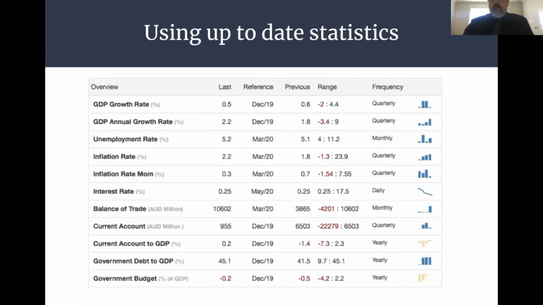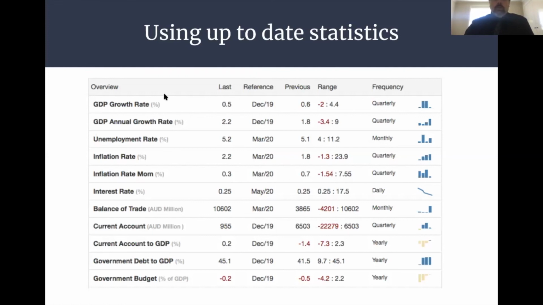All right, one of the things about being a good economics student and doing well is staying up to date with statistics. We know there are statistics coming out all the time, and where do we go to get these? Trading Economics is a pretty good website for up-to-date statistics. We can see a lot of our stats are from December 19 and March 20, and obviously these are updated as we go.